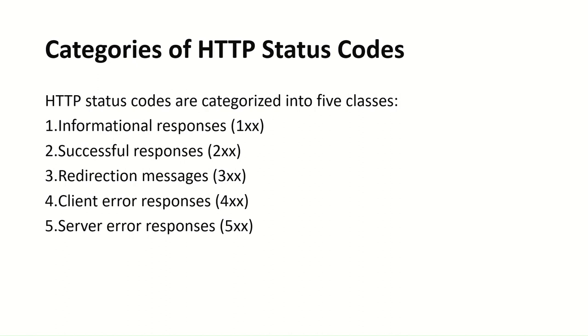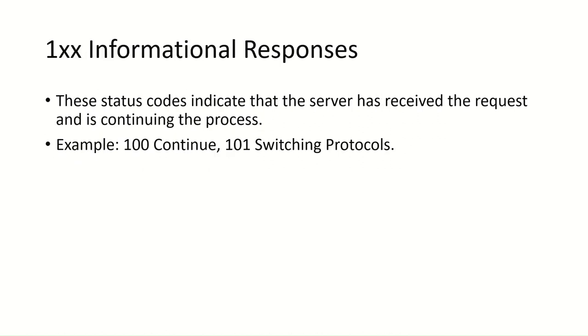Now let me go to the next slide and discuss the first category of HTTP status codes, which is informational responses, 1xx. These status codes indicate that the server has received the request and is continuing the process. Let's say you have developed one API and a client is going to hit that API.